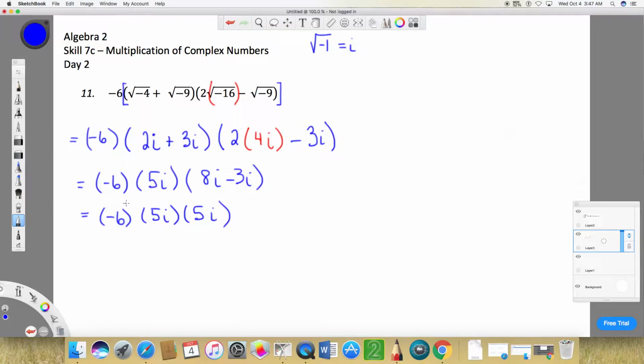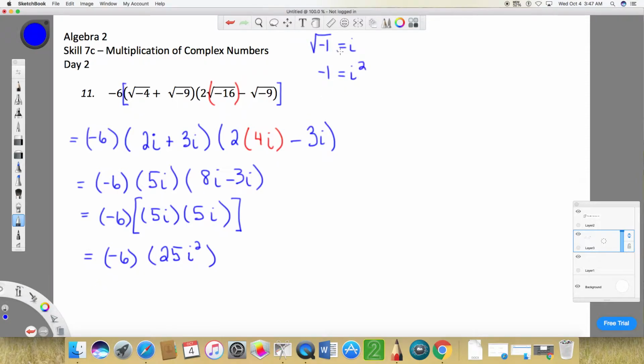I'm still going to stick to my plan of multiplying those two together first. So I've got -6. Well, 5 times 5 is 25, and I times I is I squared. But we know I squared to be equal to -1.